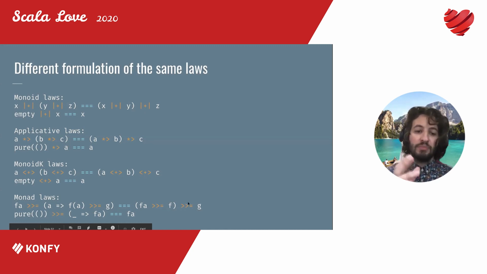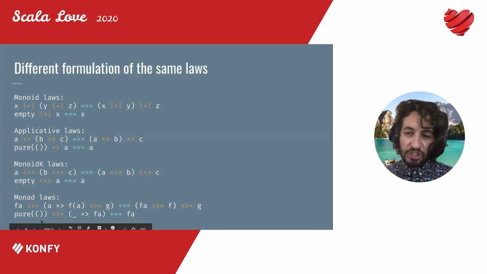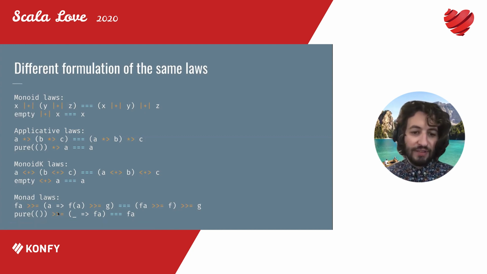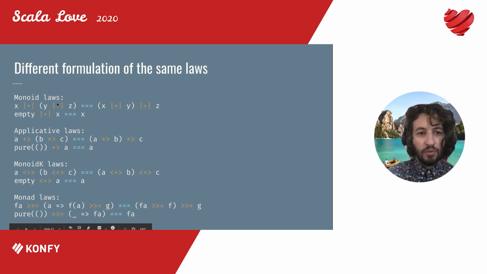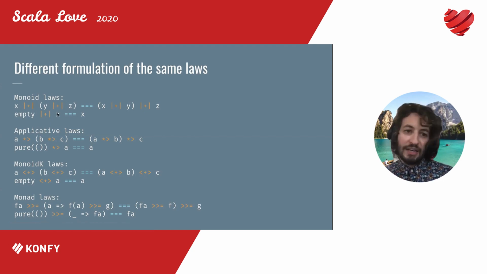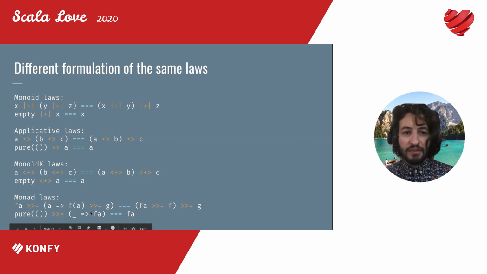We're just moving around parentheses. And if we use pure, again, which we also did in Applicative, which is the identity, and then we just flatMap to FA, which is the same as here, empty plus X, or empty plus FA, that is just FA.